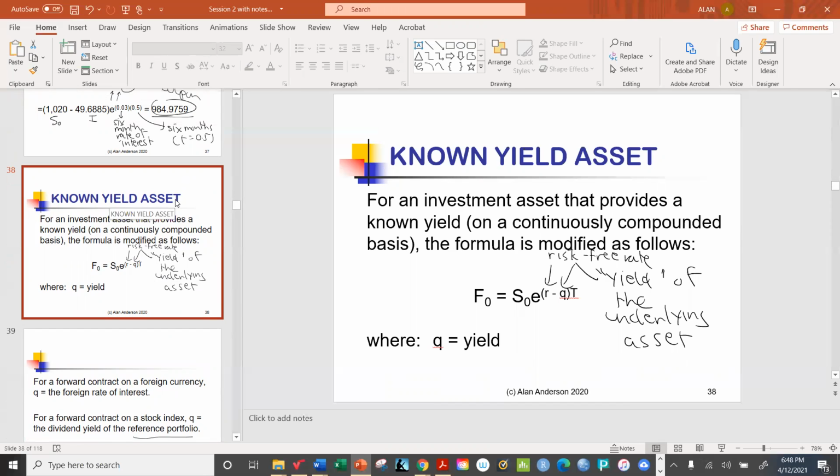All right, so you can see the difference between the two. So the difference here is that we have to subtract this discrete term I instead of incorporating it into the exponent of e. So this is where we have discrete cash flows, as they're called.